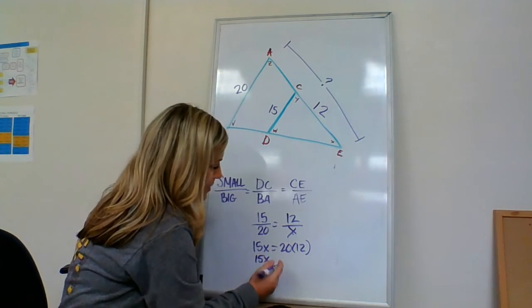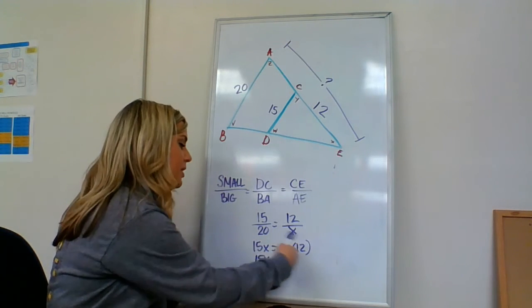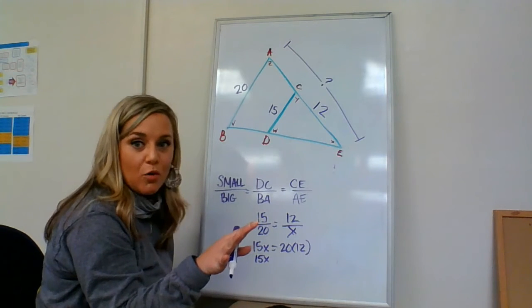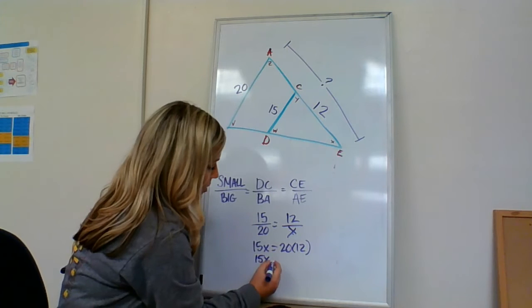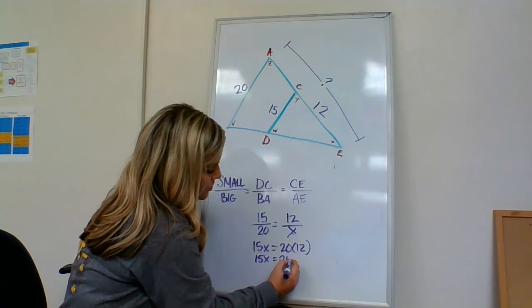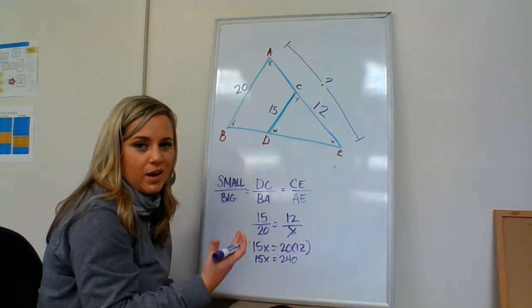A lot of times it'll be like, oh, I can divide by 15 over here and divide over here, and it's all gravy, but that's not how it works right here. So 20 times 12, I know mentally is 240. So what times 15 is going to give me 240? That's what I got to say.